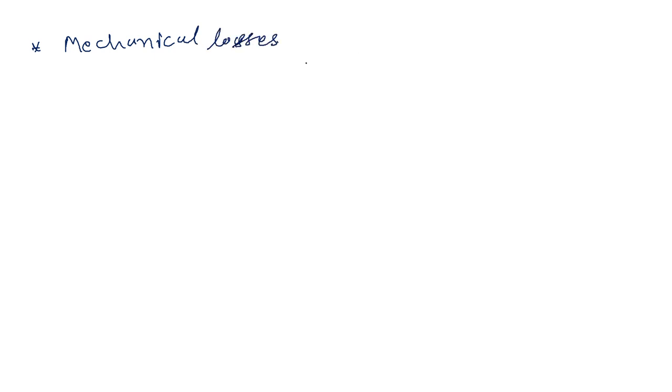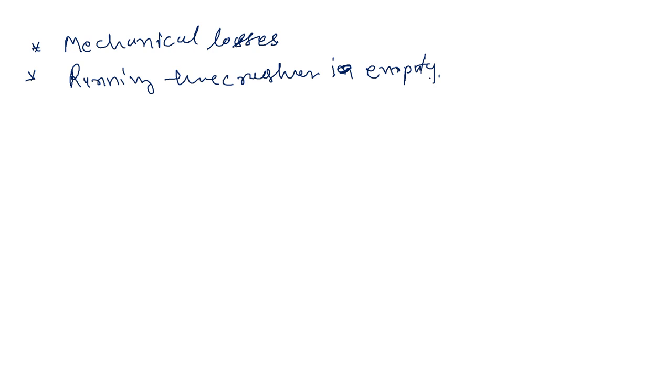Mechanical losses mean the energy consumed in friction, etc. These losses can be predicted by running the crushers or grinding mills empty, so the required energy can be calculated.